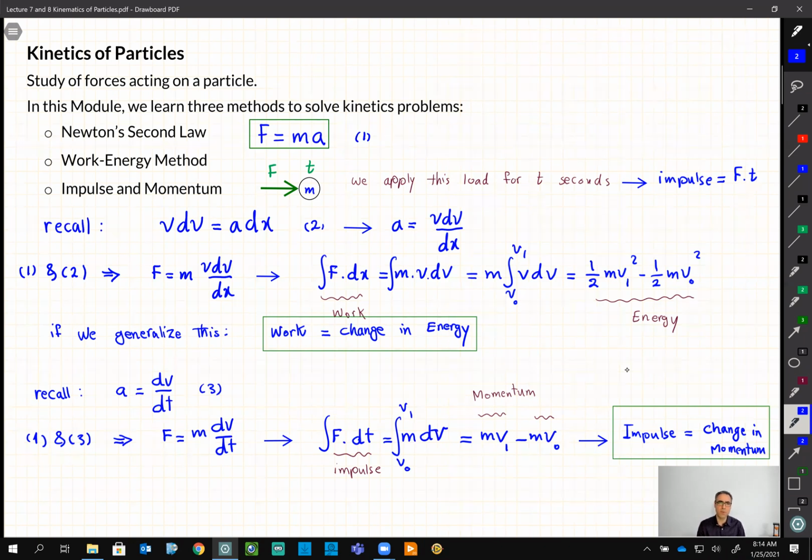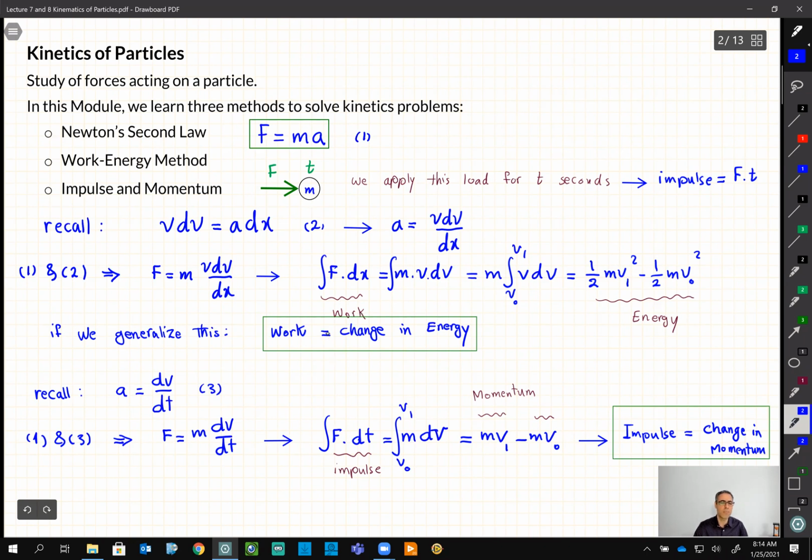It's just a different view that we have of all of these. You can solve the problem using momentum and impulse, or if you don't have any information about time, then why not use this relation, work is equal to change in energy. If you don't care about the amount of work, you can just use the original formula, F equal to ma, that's the best. You just use the original formula number 1 without caring about the rest.